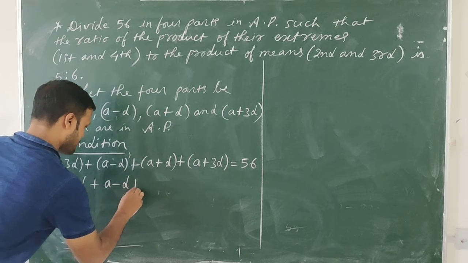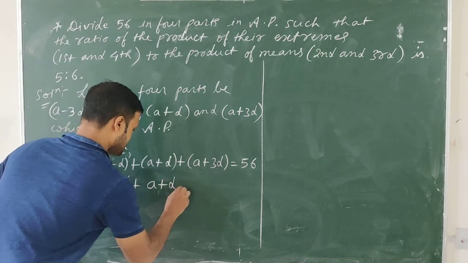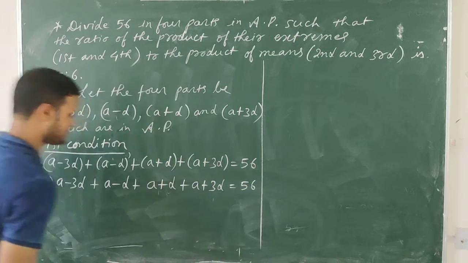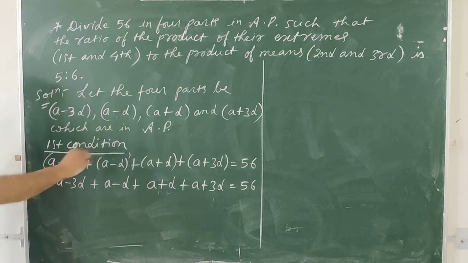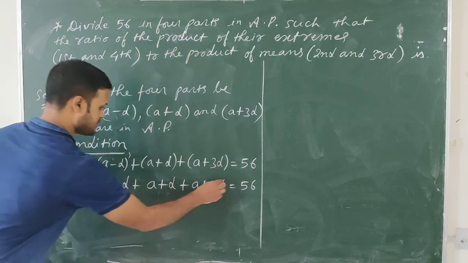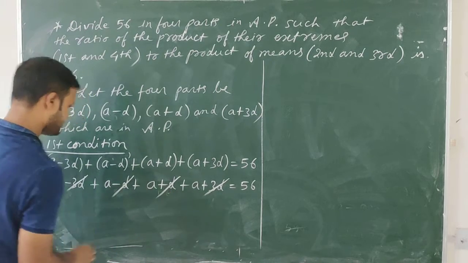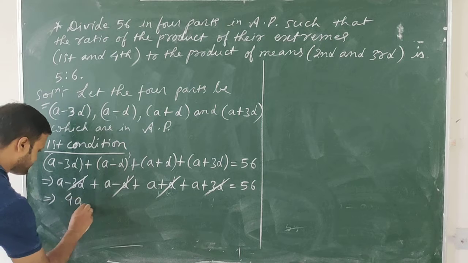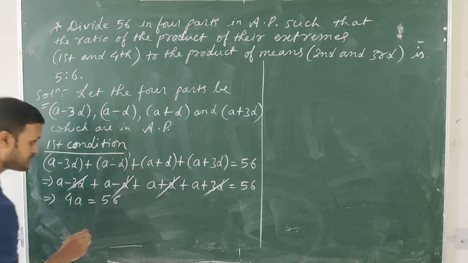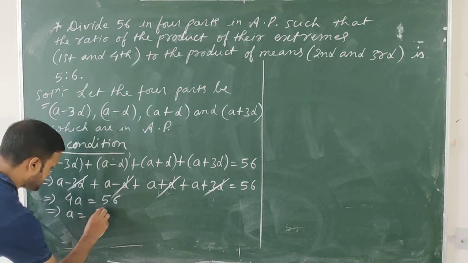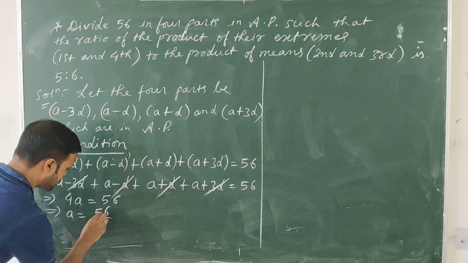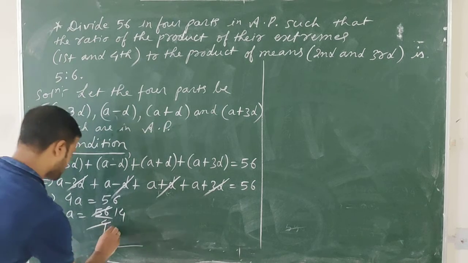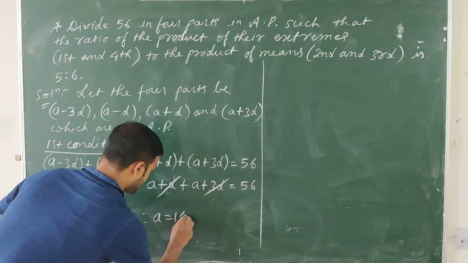Now you see the usefulness of considering this term: minus 3b and plus 3b cancel, plus b and minus b cancel. So a plus a plus a plus a is 4a, equal to 56. So a is 56 by 4, which is 14.